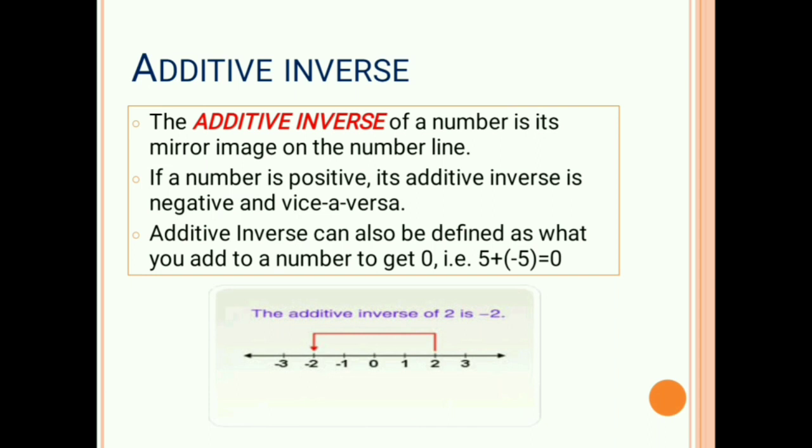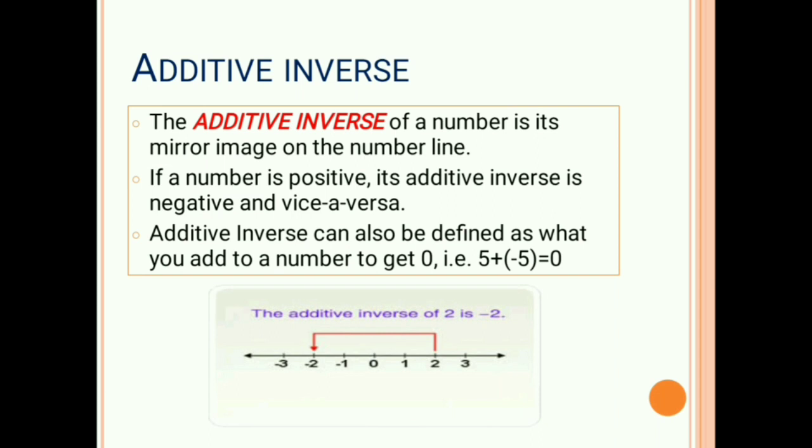Additive inverse means when we add two integers, and if we get 0 as the answer, then these integers are called additive inverses of each other. The additive inverse of a number is its mirror image on the number line.